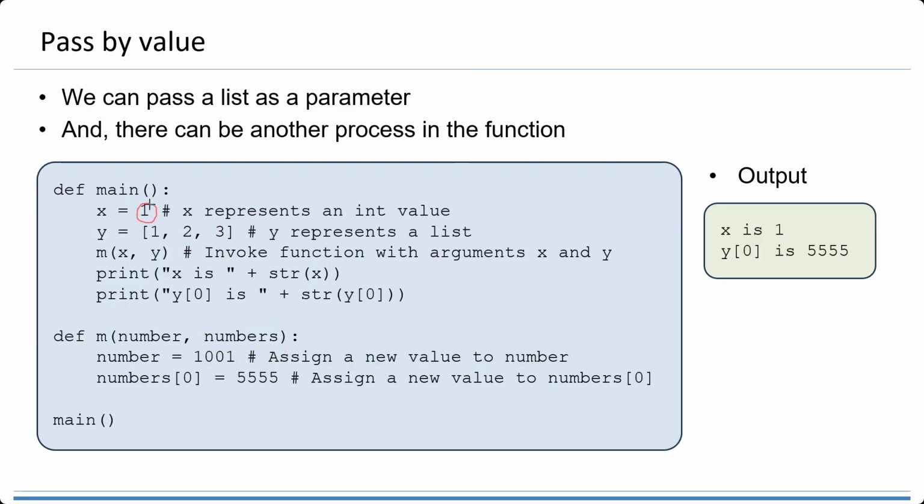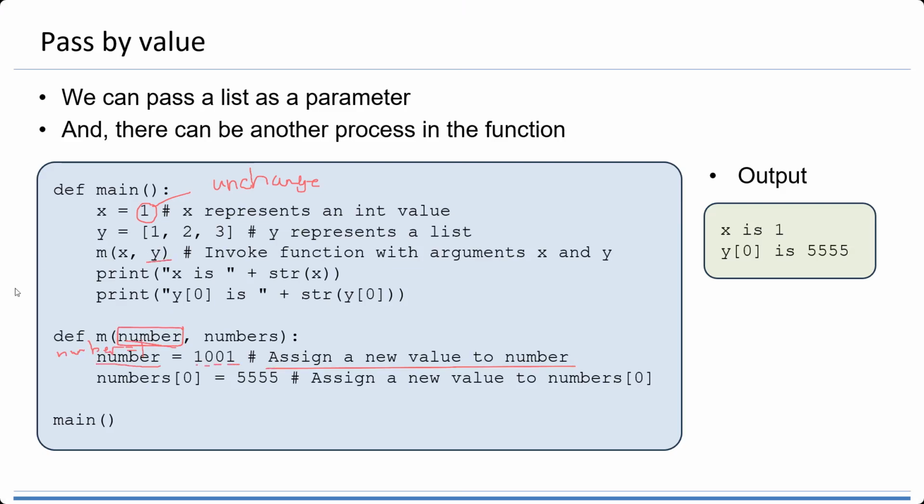X is a number, which is unchangeable. So when we put number here, actually the number will be 1 in this case. Now, if you look at this one, number becomes 1001. So we assign a new value to the number.